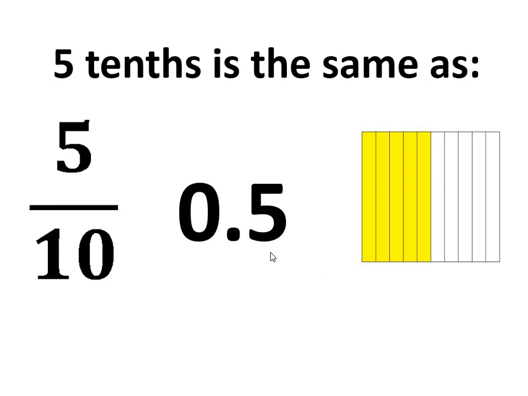This is the decimal form. This is the decimal point, 5 here, and there is no whole number. That's why we put 0. Here, this is the picture form for the decimal number. We will shade only 5 parts from the 10 parts.